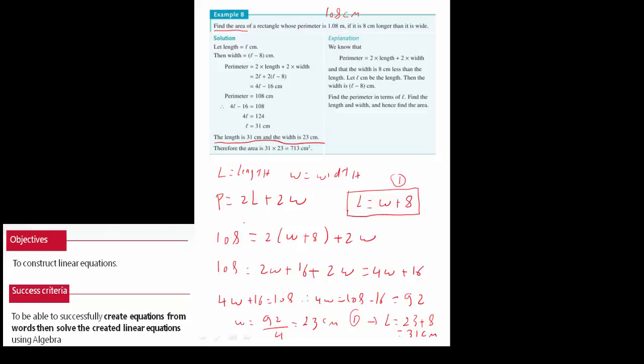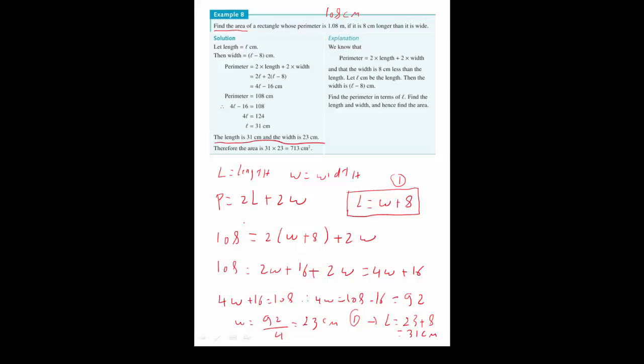So the area is 31 times 23 equals 713 centimeters squared, because centimeter times centimeter is centimeter squared. You'll study later on exponentials and indices. So don't forget to put the units and to go and check that you have answered everything they asked from you.